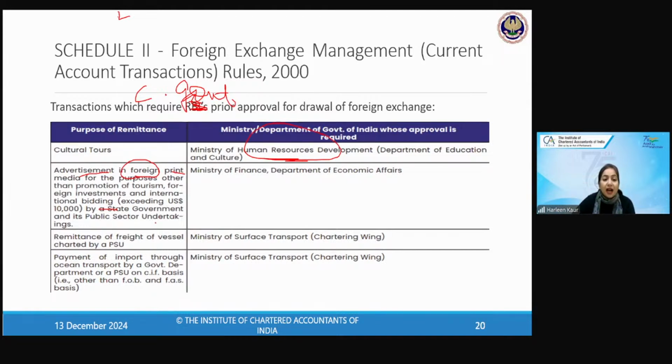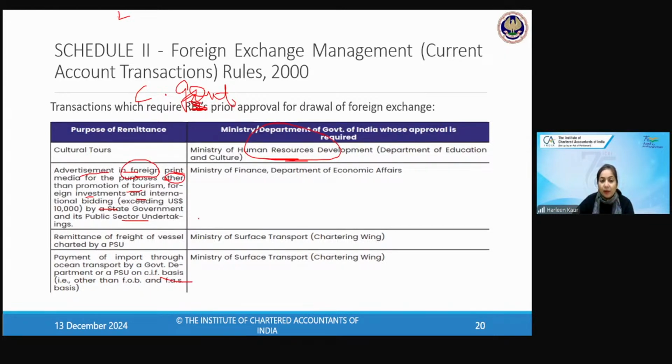For purposes other than these three purposes, meaning if you're going for tourism, foreign investments, international bidding, then it is allowed. Then there is no problem. But if it is a written media ad which is to be given by a state government or a public sector undertaking, then there is a problem. The central government's approval is required, or rather the Ministry of Finance, Department of Economic Affairs approval will be required.